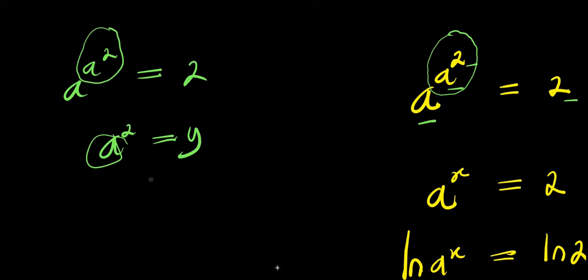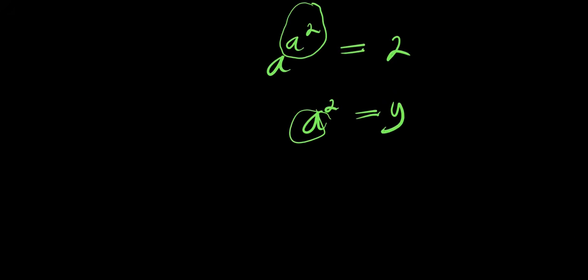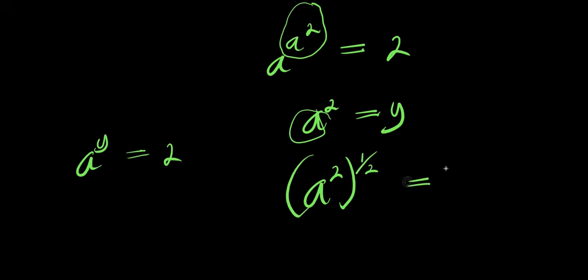That means this equation will become a^y equals 2, right? I can isolate a here. That means I will multiply the exponent by 1 over 2 of a^a raised to the power 1 over a equals y^(1/a). This cancels this, right? a equals y^(1/a).